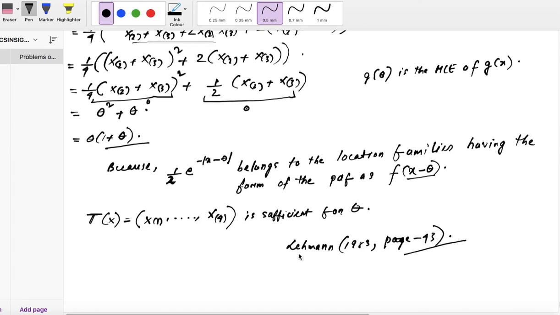You can refer to this book to see the complete proof that the location families have a sufficient statistic, which is the whole order statistics.